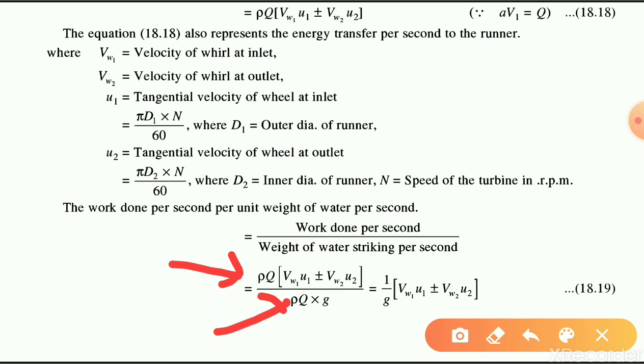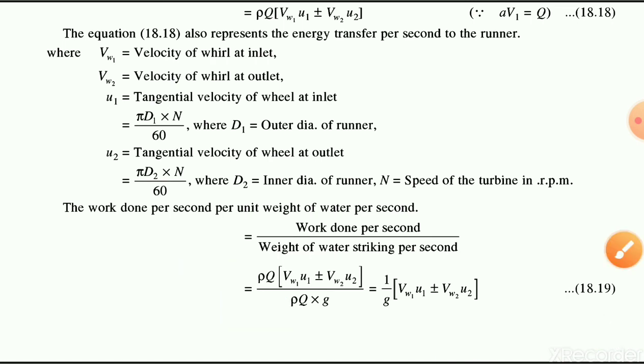So what is the weight of the water striking? It is rho Q multiplied by g, as it is weight. If we multiply this mass flow rate by the acceleration due to gravity, we get the weight of the water striking on these radial curved vanes.